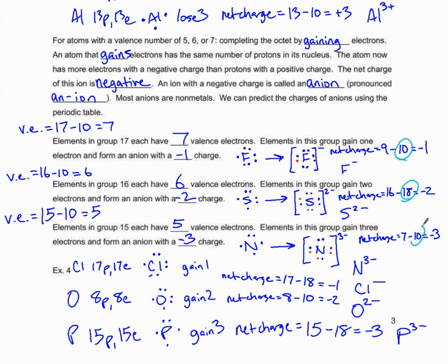Your nitrogen ended up with 10, that's the neon configuration. Your chloride ended up with 18, that's argon. Your oxygen ended up with 10, that's the neon configuration. Phosphorus, 18, that's the argon configuration. So whatever these ions' charges, the number of electrons should be the same as one of the numbers in group 18 of the noble gases.